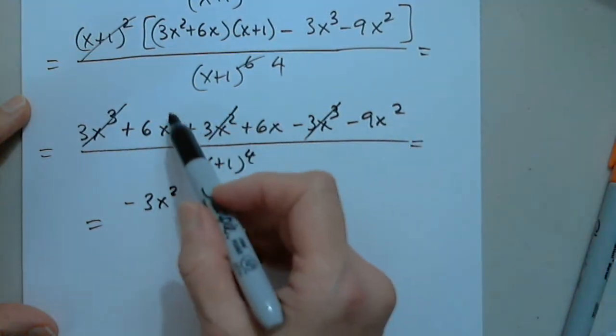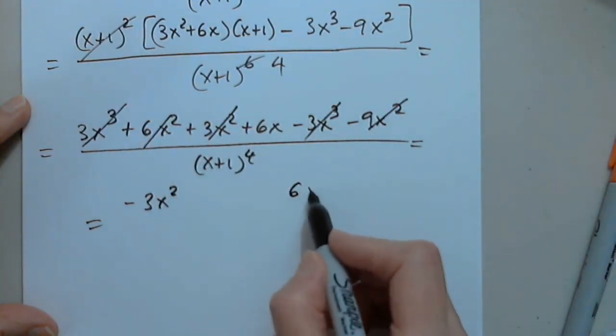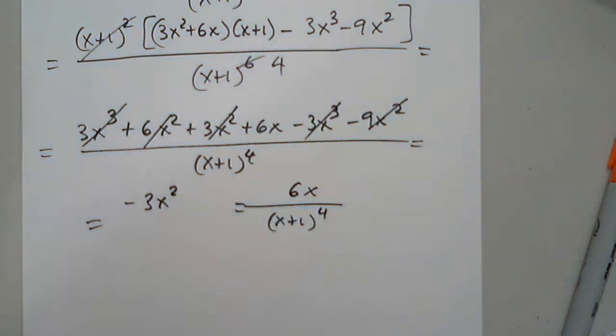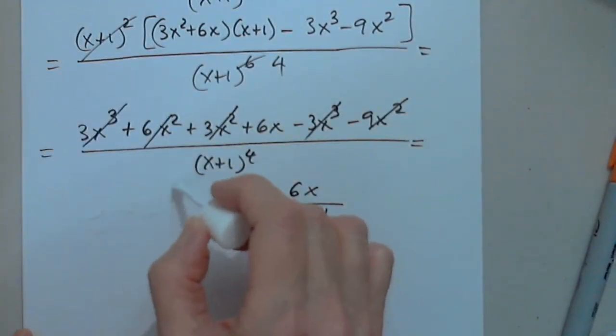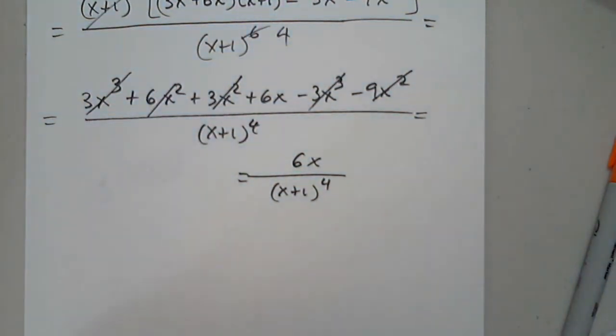No. Very nice. So I only have left 6x over (x+1)^4. It cleans up very nicely. It's done with computer algebra. I'm pretty sure that's how they come up with those functions. Okay.